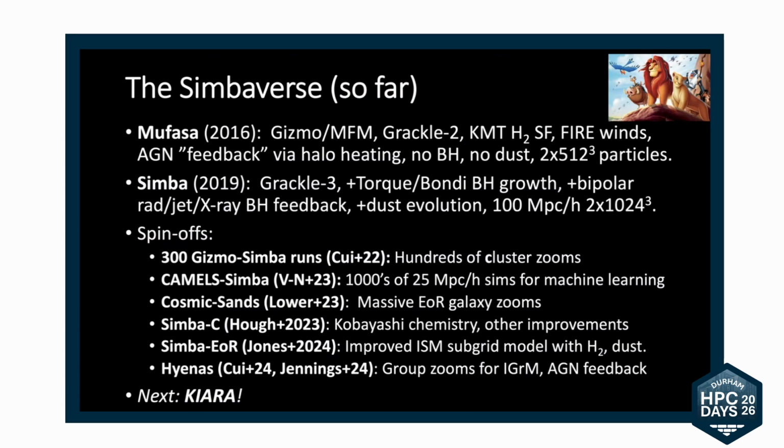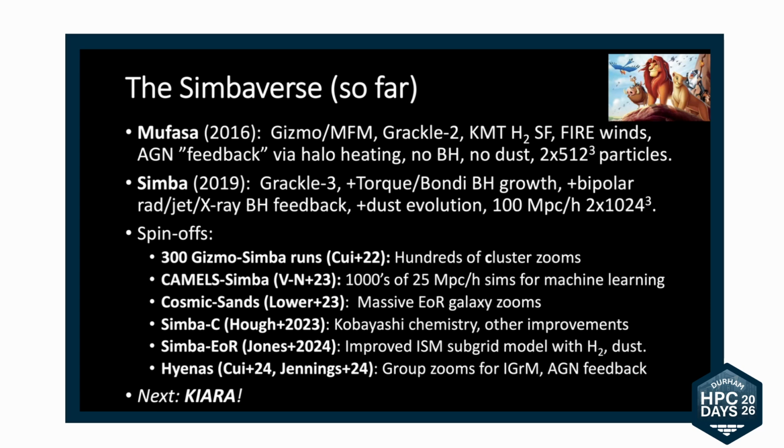Okay, so let's talk a little bit about Simba. I won't go into too much of a history, but essentially Simba is our group simulation we've been working on. It was first put out in 2019. Although it's not the highest dynamic range, it has a lot of interesting physics that has led to a huge number of spin-offs.